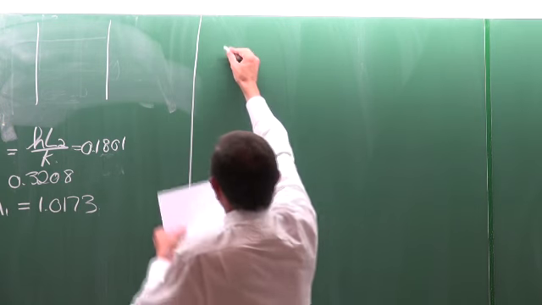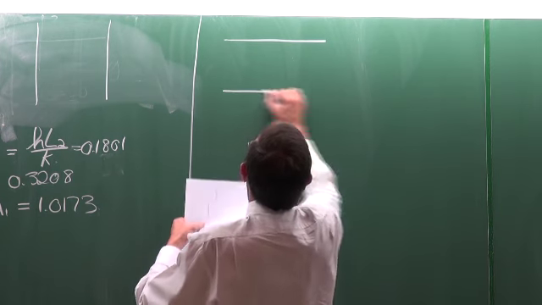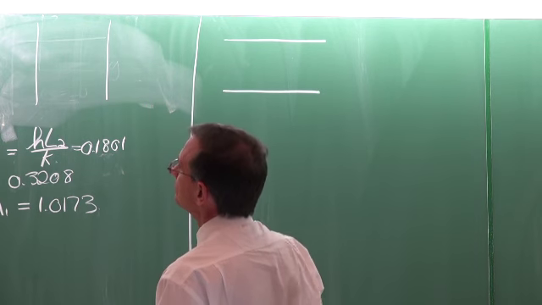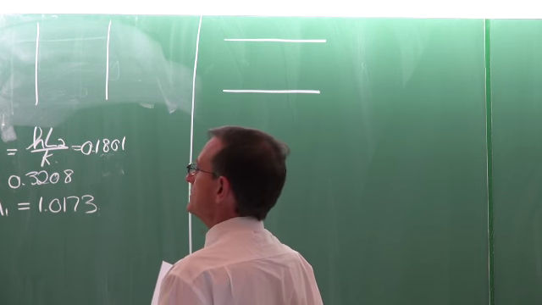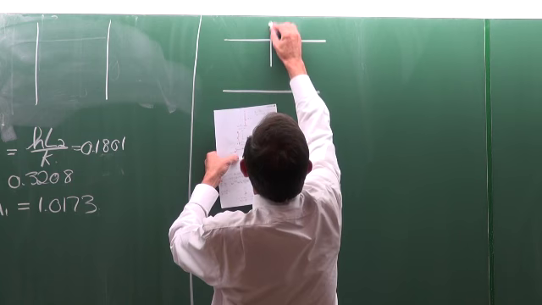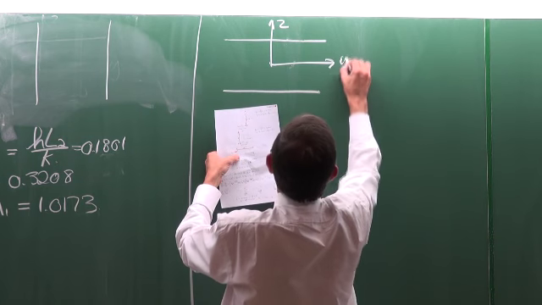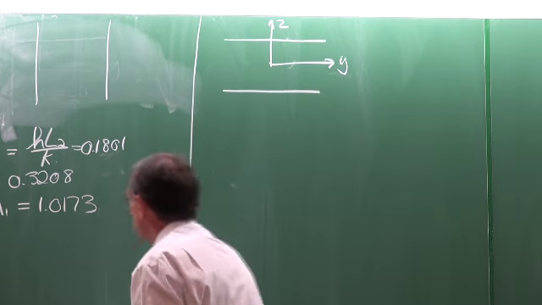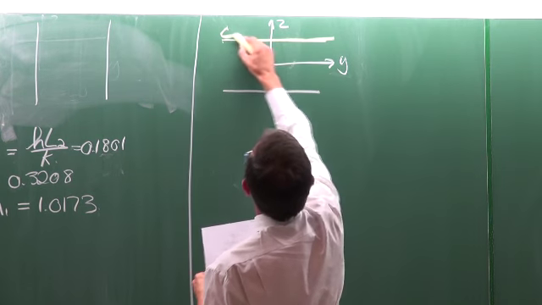Okay, so the third one would be the top one. The top line. And that one would be Z and Y. And then we will solve the C line there.